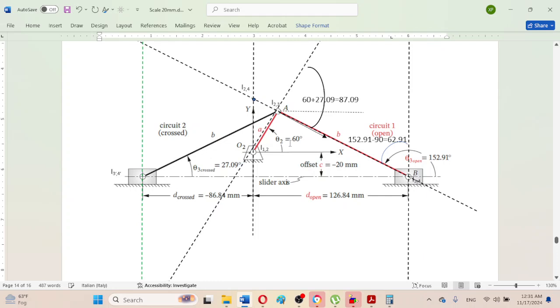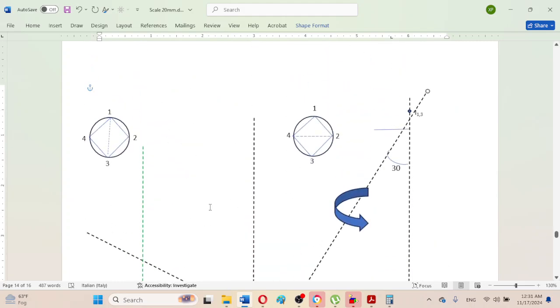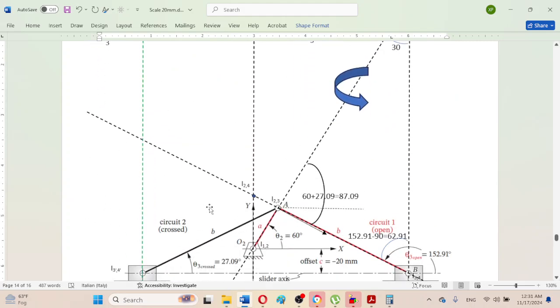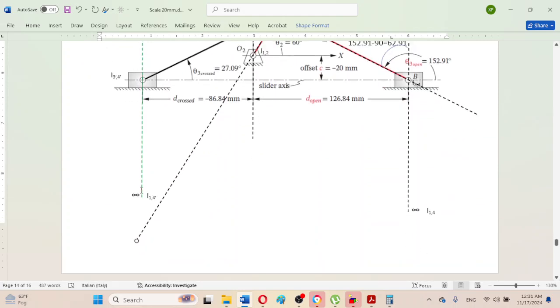Place it in proper orientation here, exactly on this link, as we can observe here.